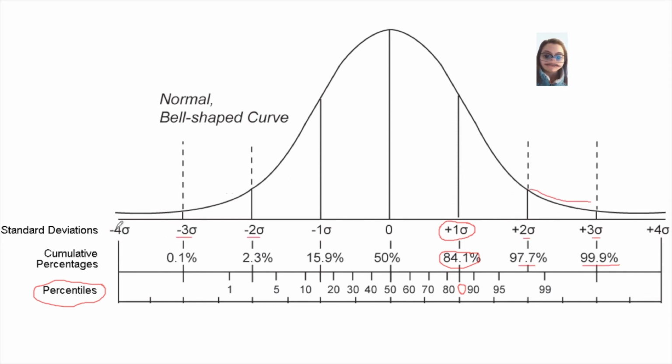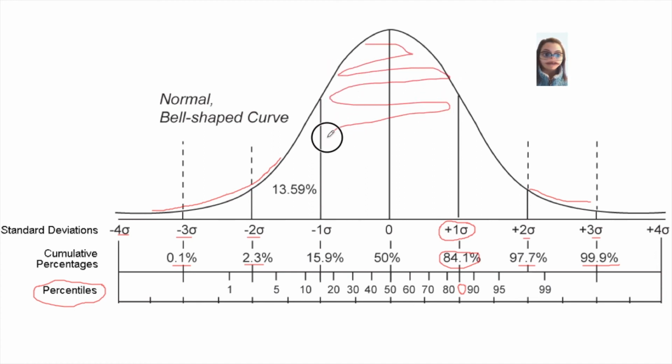Likewise, as the standard deviation becomes more negative, farther and farther below the mean, the percentile rank is getting smaller and smaller, still indicating that fewer and fewer people exist in that portion of the distribution as well. Most people fall somewhere within 1 standard deviation.